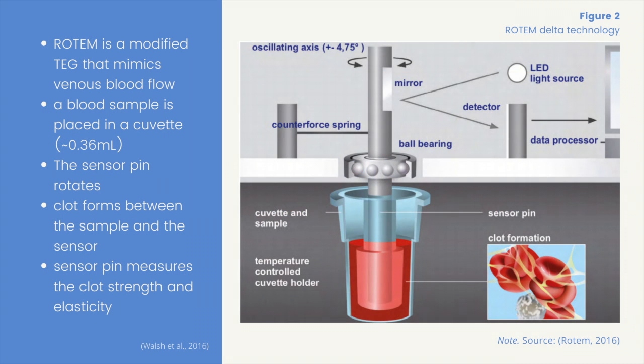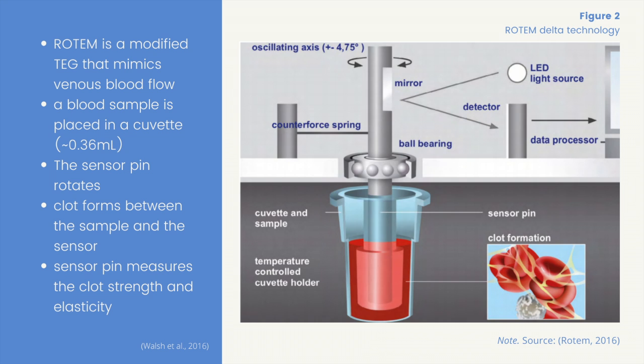How does ROTEM work? Both TEG and ROTEM are assay analyzers that mimic venous blood flow. Both analyze the stages of clot formation and clot dissolution. TEG and ROTEM use a whole blood sample placed in a cuvette. In ROTEM, the sensor pin is inserted in the cuvette and gently rotates, forming clots between the blood and the sensor pin.